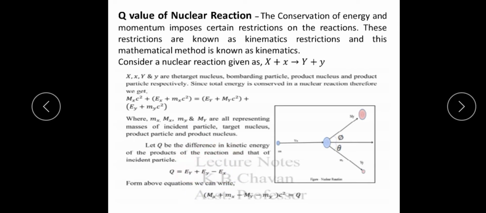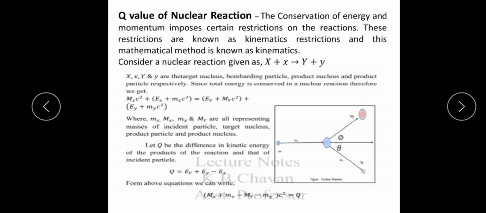There is kinetic energy only for the incident particle, the product nucleus and the product particle. That's why Q is equal to E_Y, the kinetic energy of the product nucleus, plus E_y, the kinetic energy of the product particle, minus E_x, the kinetic energy of the incident particle.